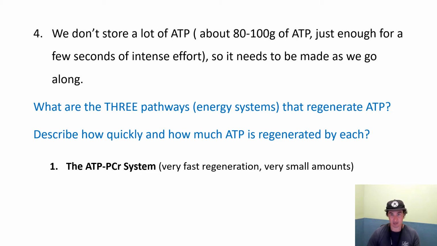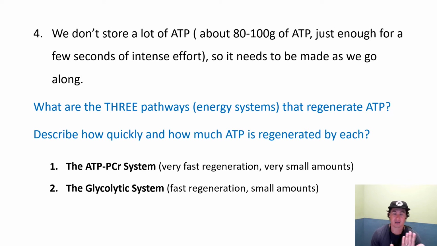So 1 ADP can be regenerated into ATP from 1 phosphocreatine or PCR. So really quickly, not a lot. And it actually doesn't sustain us for very long. You're talking maybe 10 seconds of intense exercise before the system is exhausted and the stores of creatine in your body have been depleted, and then that takes time to regenerate those stores.